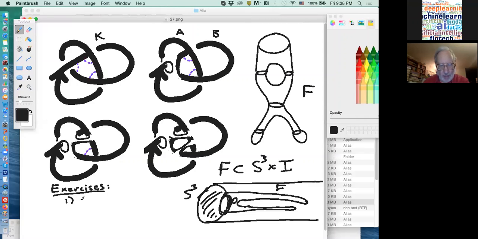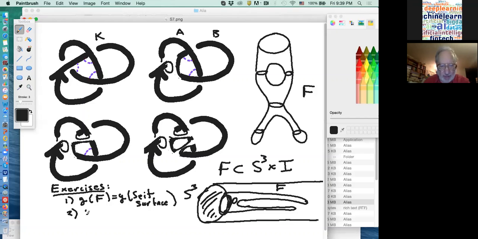One, the genus of this surface F is equal to the genus of the ciphered surface. Now that's not going to be hard to show because the combinatorics are almost identical with the ciphered surface.